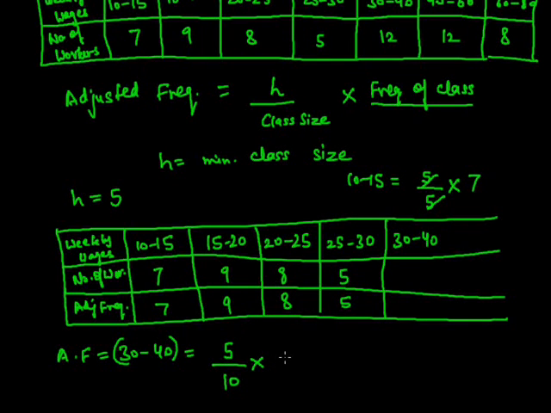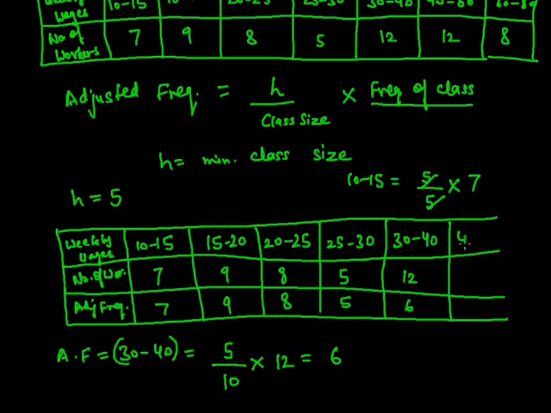The frequency of this class, 30 to 40, is 12. Now we'll solve it: 5 by 10 into 12, we get 6. In this case the adjusted frequency has changed and has become 6.